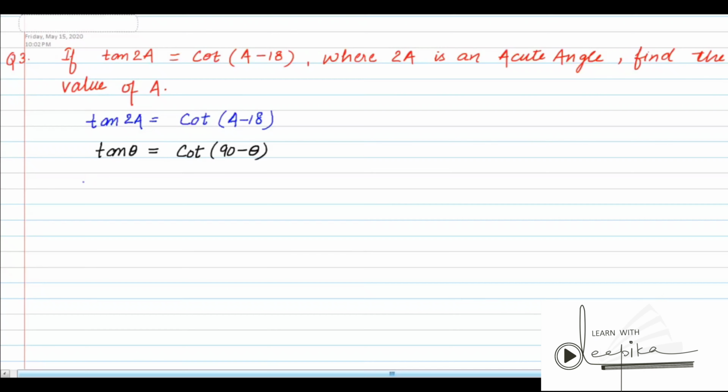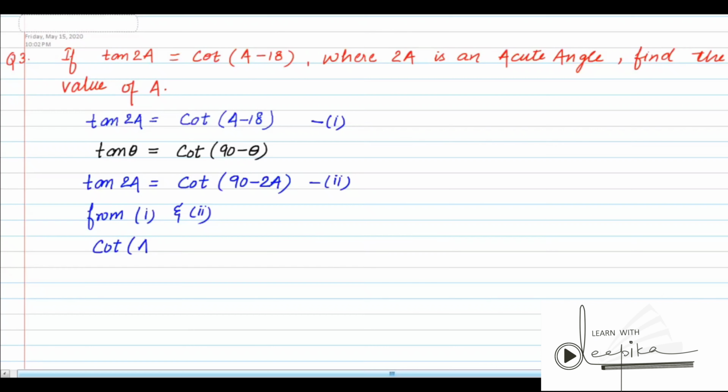So by using this formula you will get the value of tan 2A is equal to cot 90 minus 2A. So this is your equation number 1 which was given to you, and this is your equation number 2. From equation 1 and equation 2, you can write cot A minus 18 degree is equal to cot 90 minus 2A.